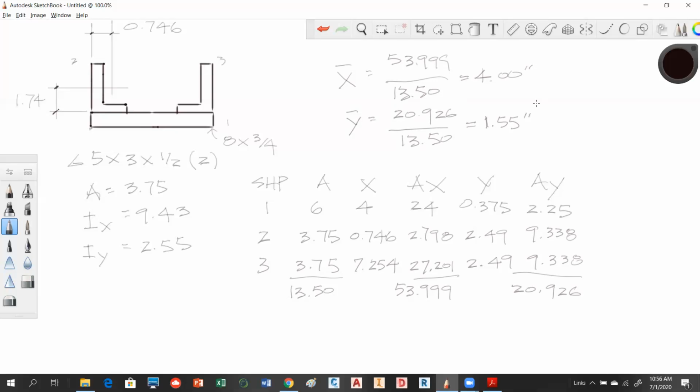So that's our Y bar distance, operating this way up, and the other one's right dead middle. So what we're going to do is replace or add this information in here, and then we'll go through the moment of inertia. Let me go ahead and put that up there.